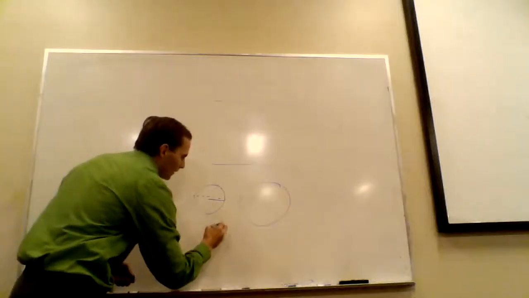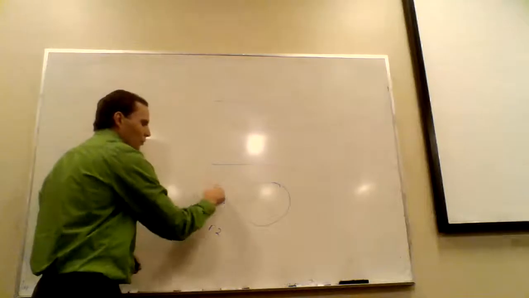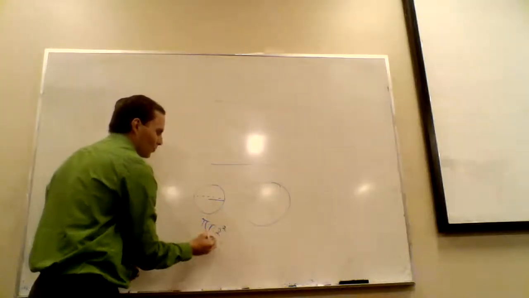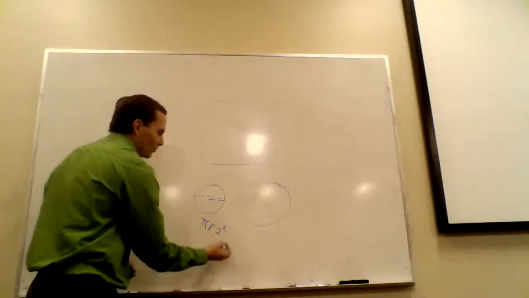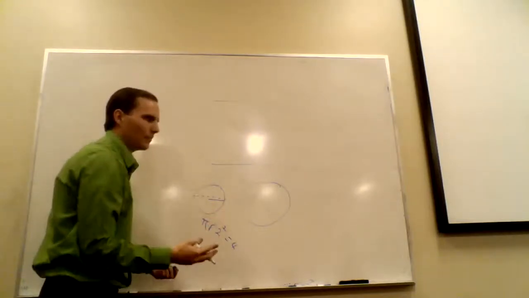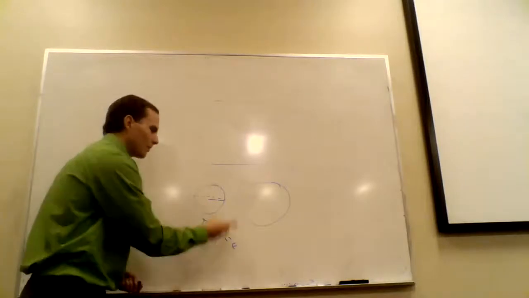So if you have a radius of 2, to find the volume of this entire thing you do pi r squared, r being 2, which gives you basically 4 times pi. We're not going to do the multiplication of pi right here, because for our purposes that doesn't matter.